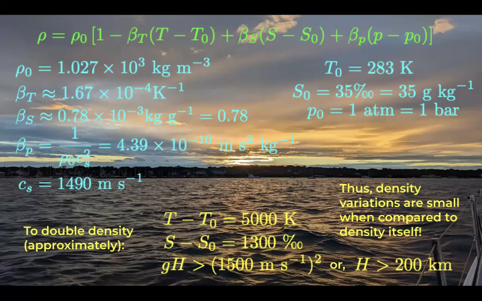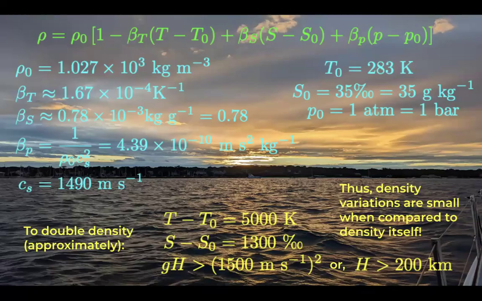And so what you need is the pressure variation, the g times the depth of the ocean from top to bottom, that's just dz from this equation we were talking about, to be greater than 1,500 meters per second squared, or you need the depth of the ocean to be 200 kilometers deep. So how deep is the ocean? 4 on average. Deepest, 15, not 200.